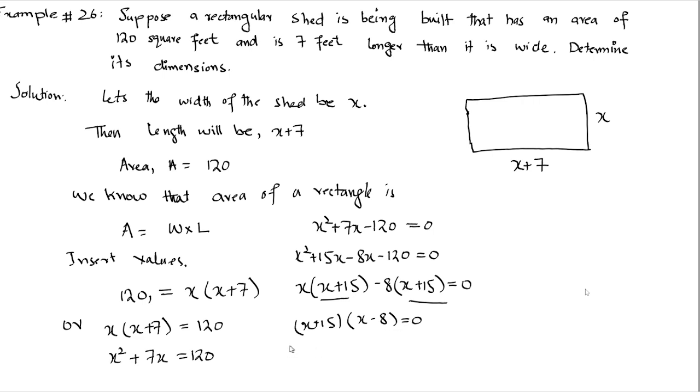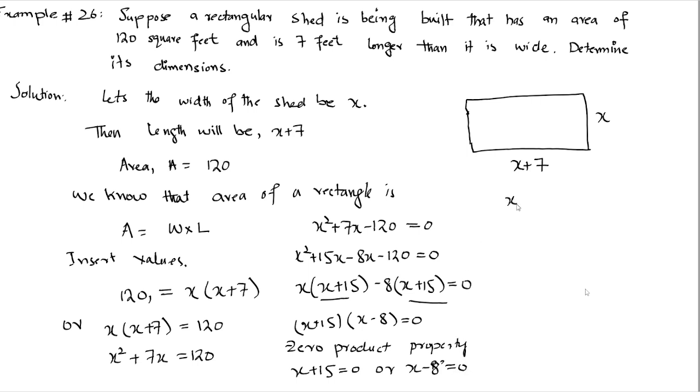Now by using the zero product property, we can write that either x plus 15 is equal to 0 or x minus 8 is equal to 0.